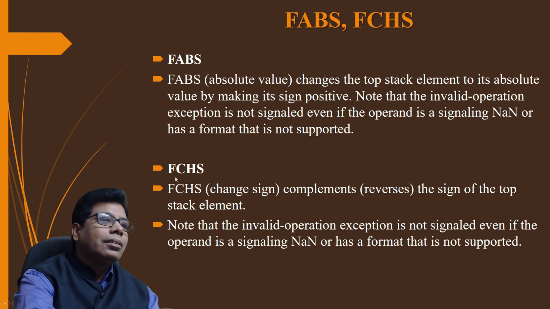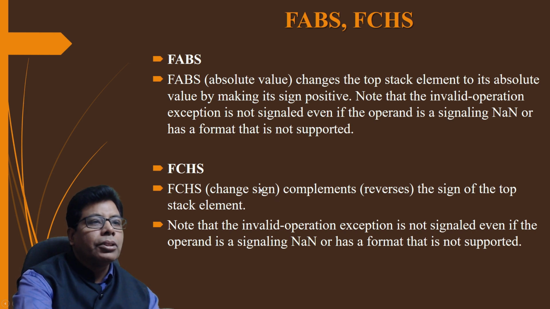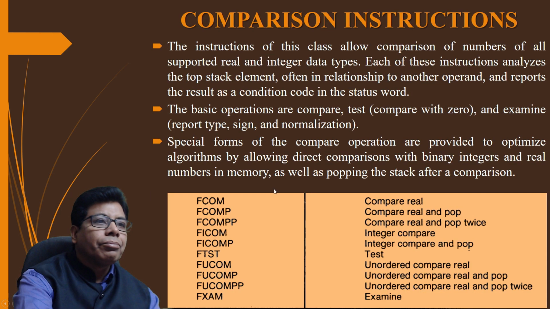Then FCHS, that is the change of sign. So it will complement the sign of the stack top. So this is for complementing the sign. Whatever is the sign, it will be reversed. If it is positive, it will be negative. If it is negative, it will become positive.